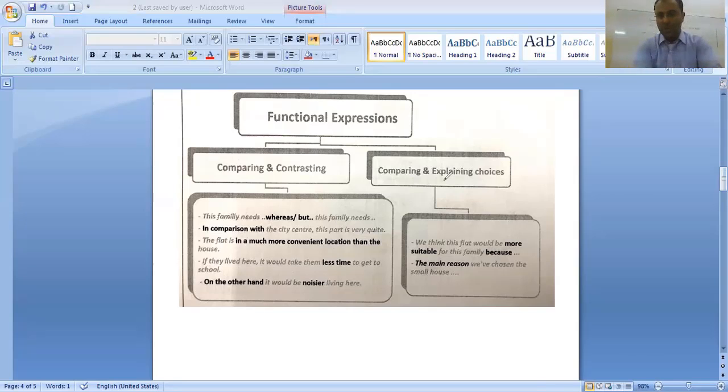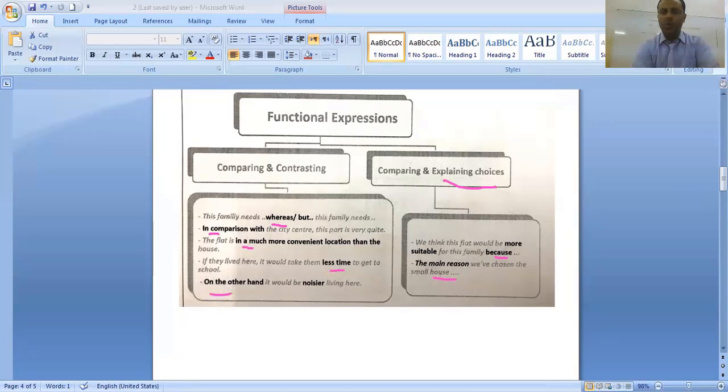So we use explaining choices, like because, the main idea, and so on. So we have two different relations: comparing and contrasting, and explaining. Just try to make use of these words or connectors.